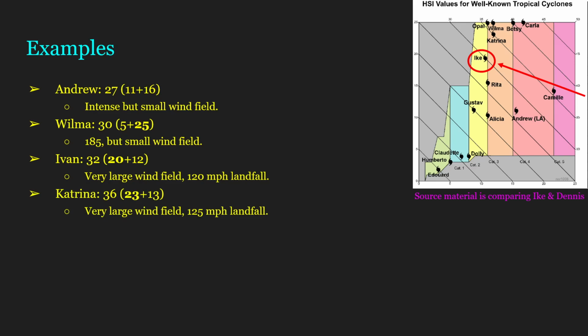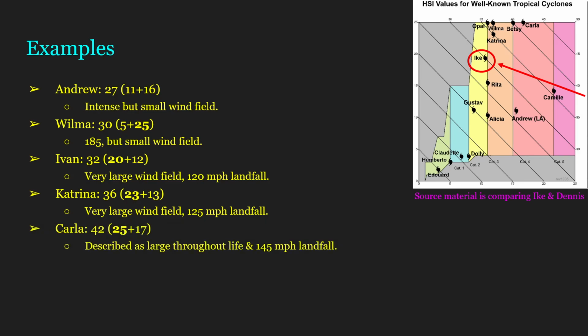Katrina is just a little bit larger than Ivan at 36. Katrina also had a very large wind field, even larger than Ivan's, having a score of 23 for wind size and 13 for intensity. Katrina made landfall with winds of 125 miles per hour.